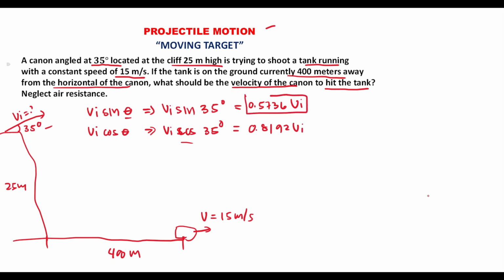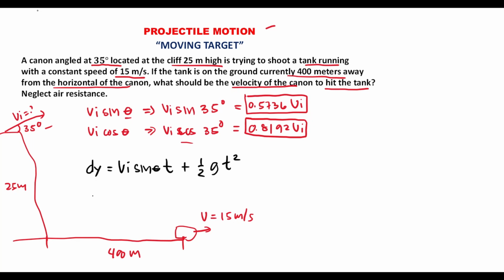So we need these two values to solve this problem, and these are the formulas we're going to use. We have dy equals the initial velocity times sine theta times the time, plus 1/2 times the gravity times the time squared.